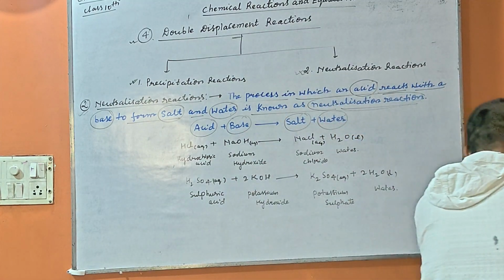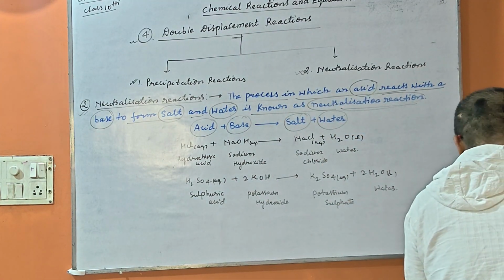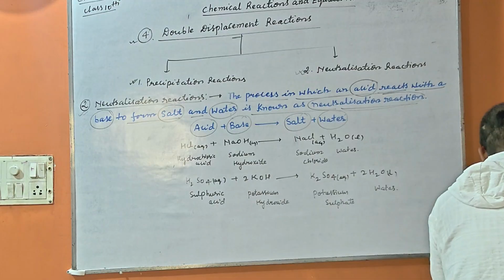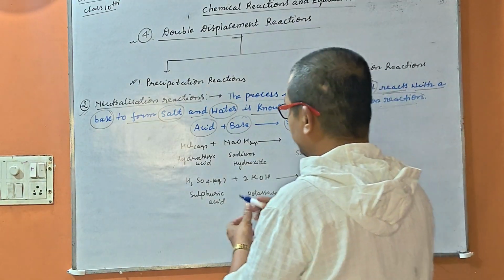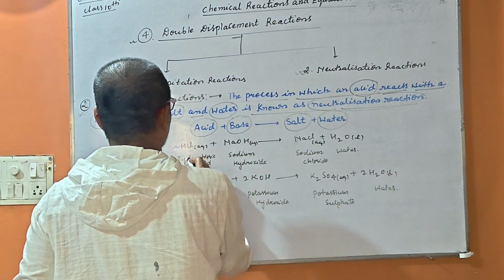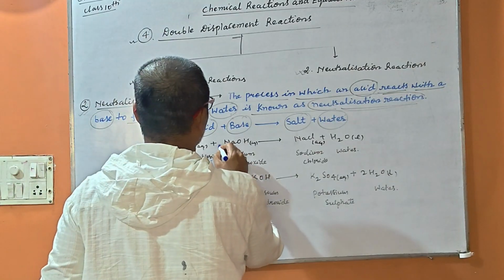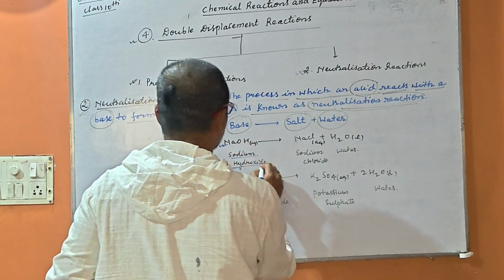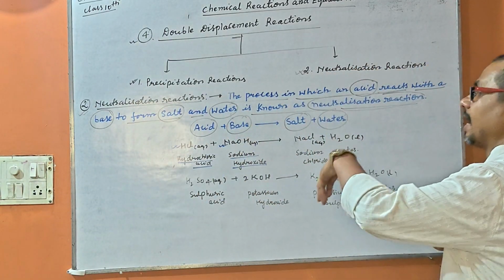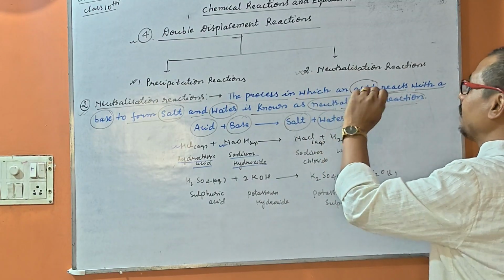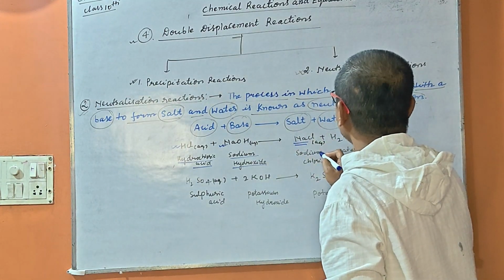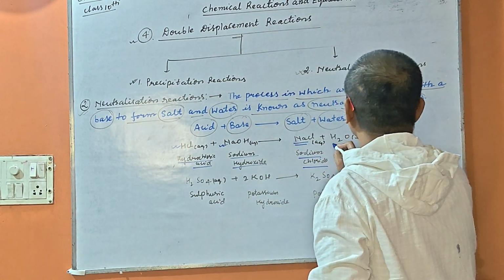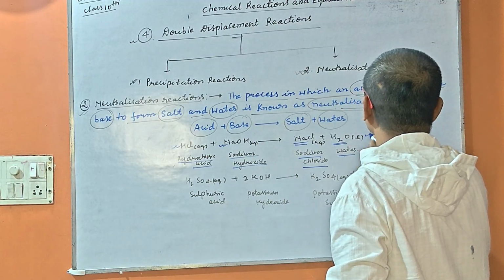Let us understand these things in a very simple and easy manner. HCl, hydrochloric acid in the aqueous form, reacts with sodium hydroxide in the aqueous form, and it gives you the salt NaCl plus H2O, water.